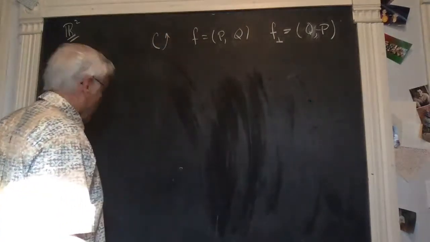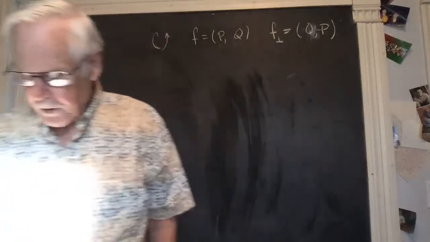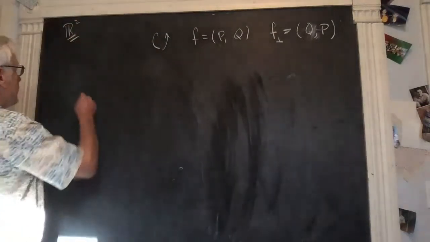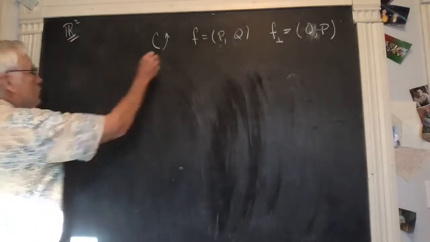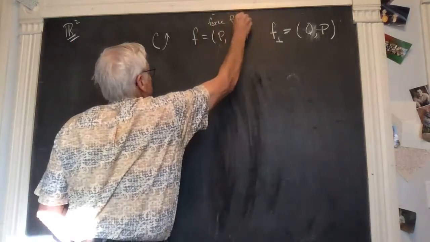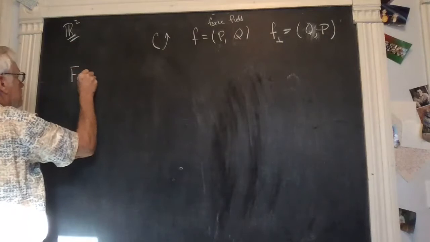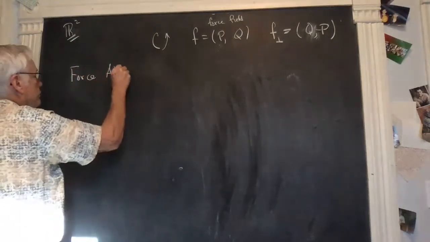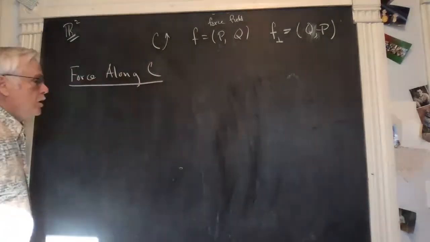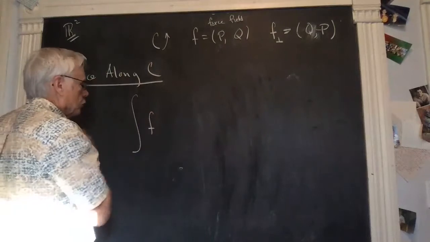So while my board dries, let's take a look. Here we have the situation, and we would like to find the force along C; we'll deal with this as a force field. In order to find the force along C, this is the integral. Force is a vector.